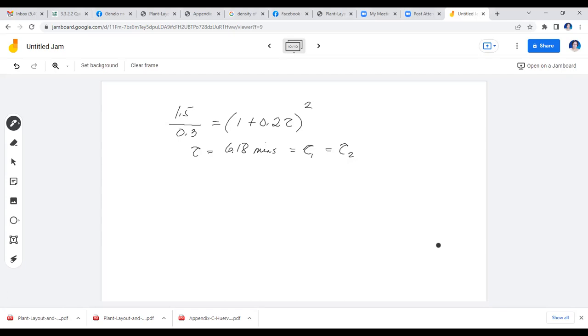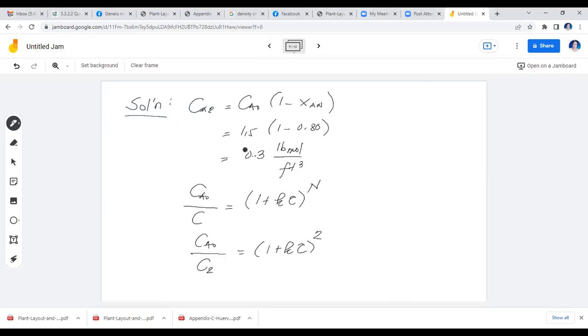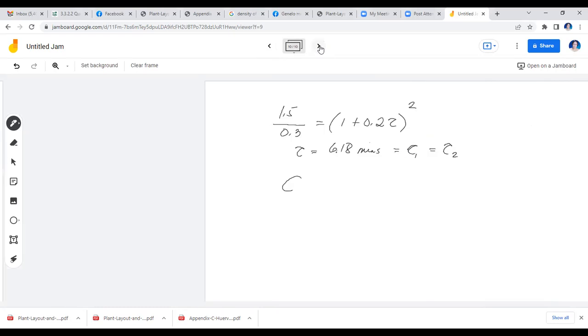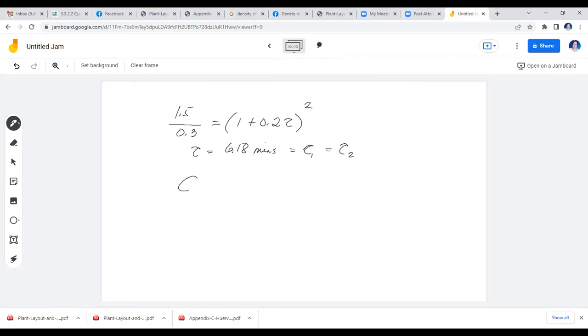Okay, then we have another formula that allows us to solve for C sub 1. We can pattern it from this particular formula. We set up a new one, and that way we can determine C sub 1 in here. So we'll have another formula, CaO divided by C sub 1, equal to 1 plus K tau raised to 1, because this is also 1. Your CaO is still 1.5.